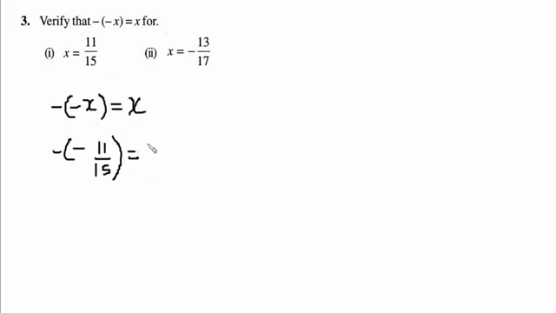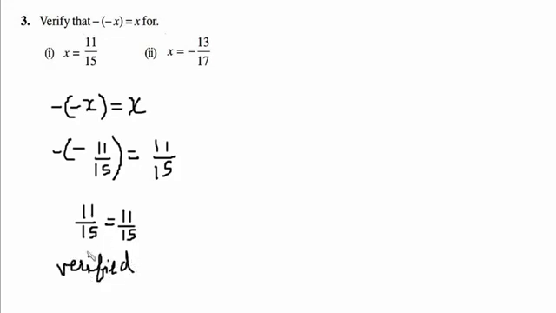Here x, again x, that is here 11 over 15. Now we will solve it. Minus minus is positive. 11 over 15 equals 11 over 15. So it is verified here, because your left hand side is equal to right hand side.